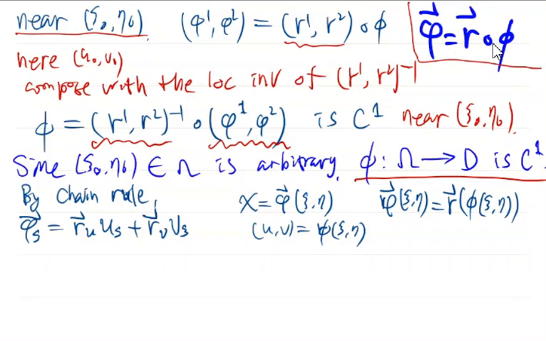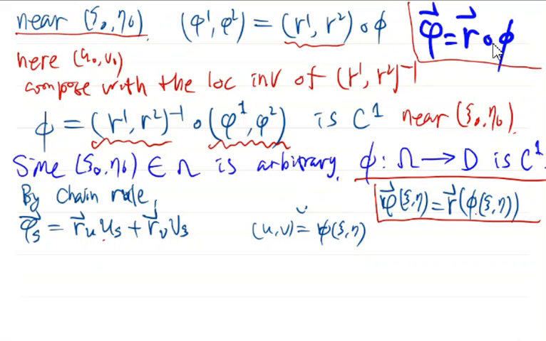Therefore the partial derivative of phi with respect to c is the partial derivative of R with respect to its first variable, that is u, multiplied by the derivative of the first variable with respect to c, that is u c.